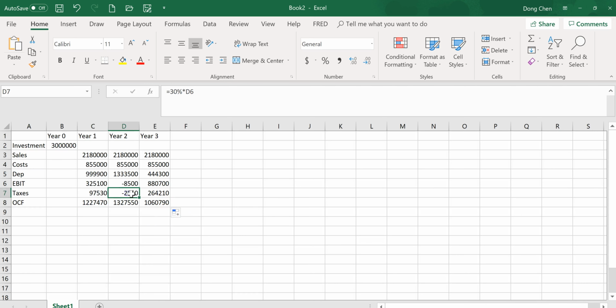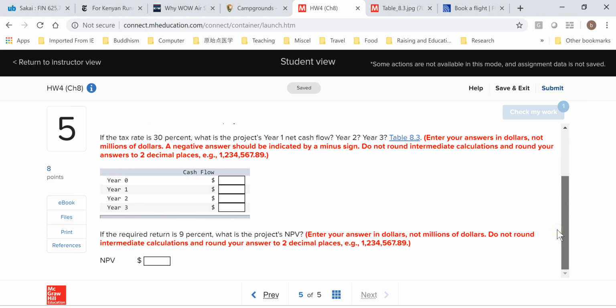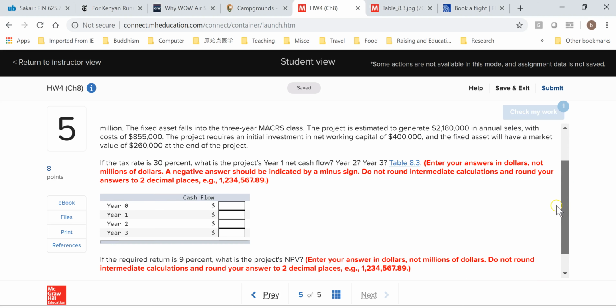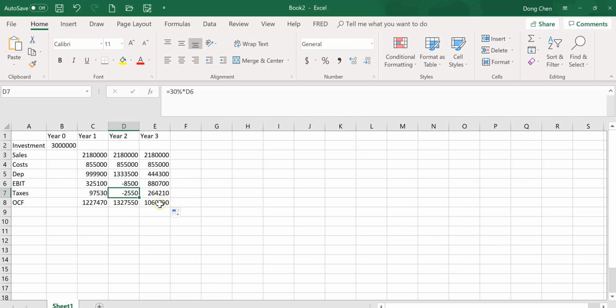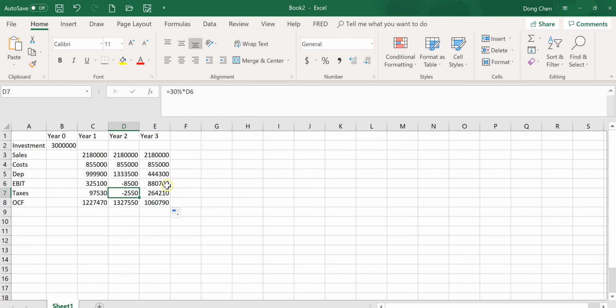And you can see that second year taxes here turns out to be negative. The problem here doesn't mention anything about whether the taxes could be negative or not. So negative here doesn't mean the government is refunding the firm for tax payment. Here it means the firm may have other projects which are profitable for that specific year.